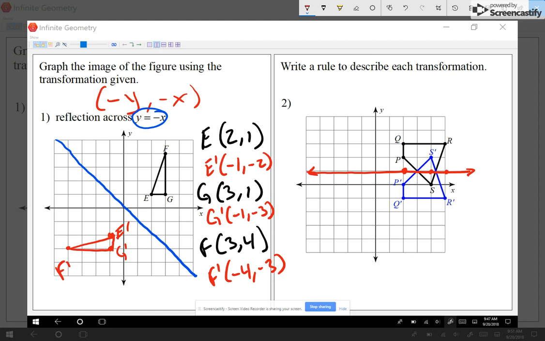I know the x-axis is also known as y equals 0. I notice that my line is 1 above. So that line is called y equals 1. So I'm just going to write reflection across y equals 1.